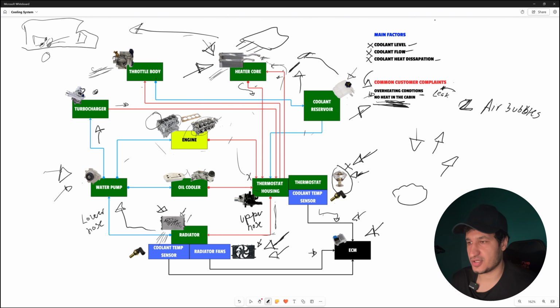Here we only have a few sensors to work with, and the rest is all physical and mechanical components. That's why the cooling system is a pretty easy system to understand and to diagnose, as long as you know what you're looking for, and obviously with the right tools to detect a leak, and then work on the system, removing hoses and all that.